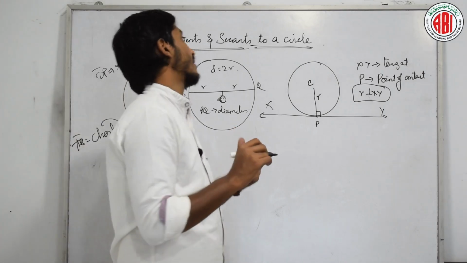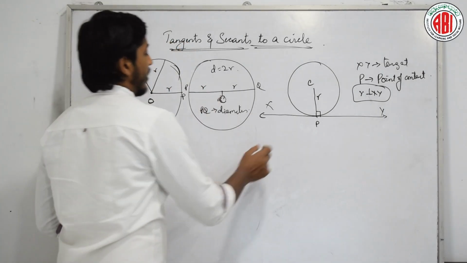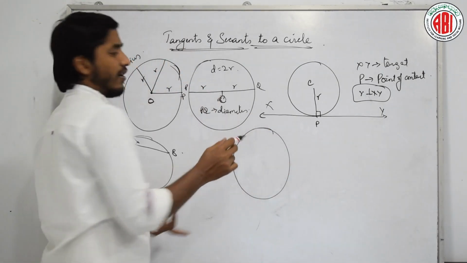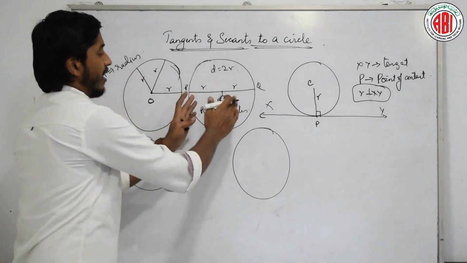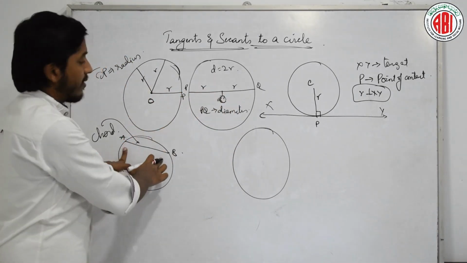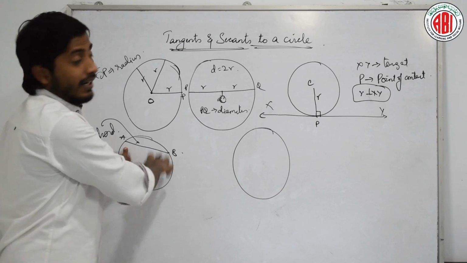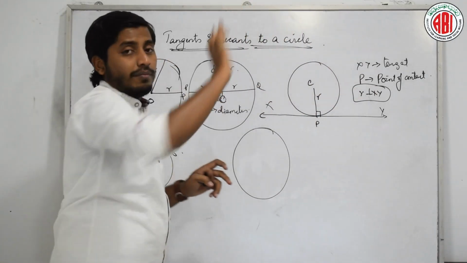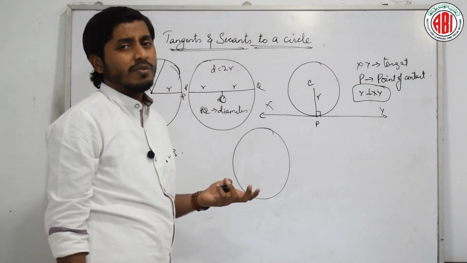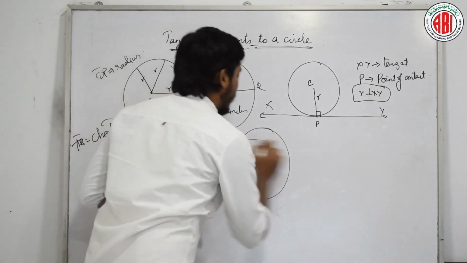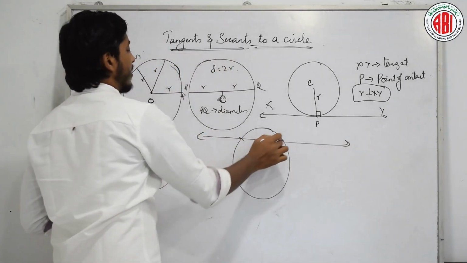Next, what is a secant? A line passing through the circle and meeting the circle at 2 points.